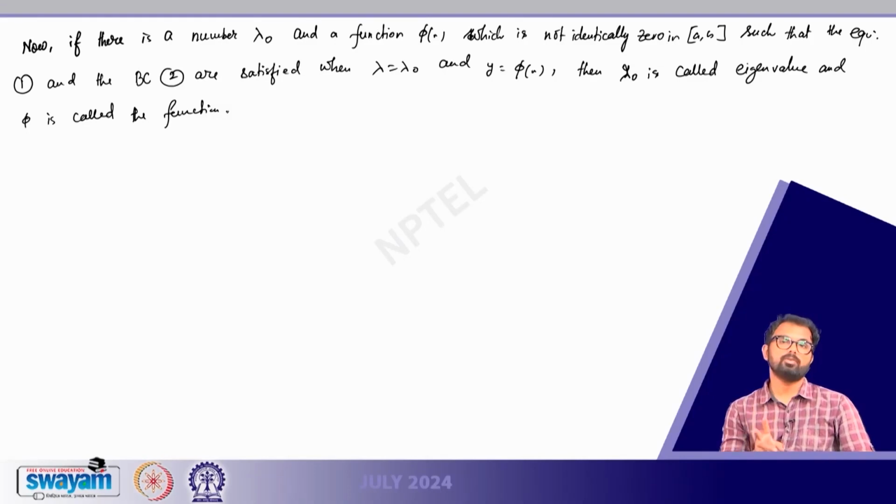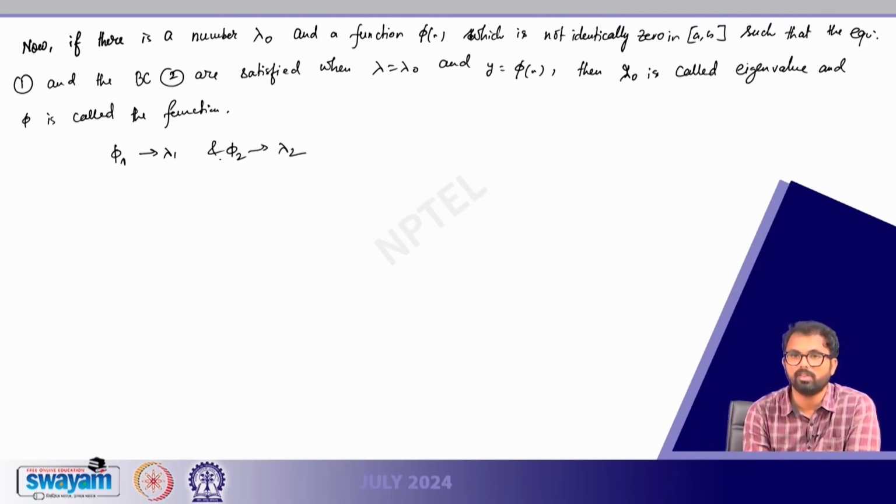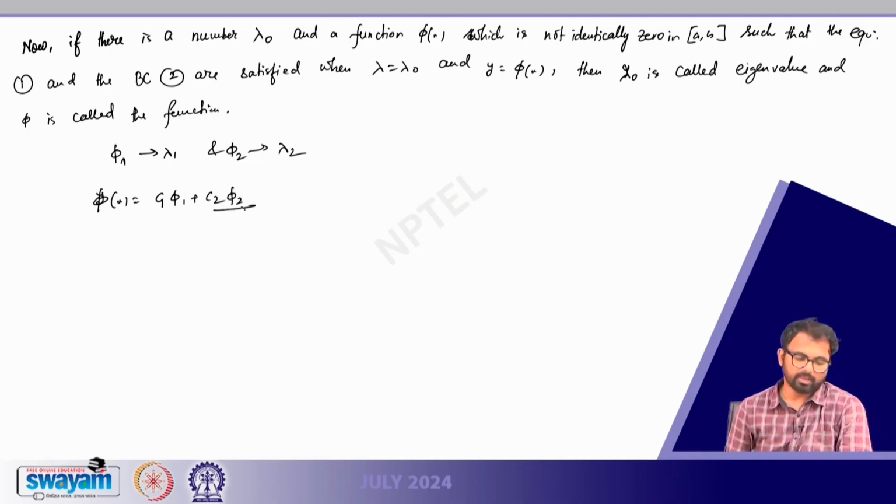And if phi 1 corresponds to lambda 1 and phi 2 corresponds to lambda 2, I mean phi 1 and phi 2 are the 2 eigenfunctions, then capital phi(x) equal to c1 into phi 1 plus c2 into phi 2 would also be an eigenfunction corresponding to the eigenvalue, let us say lambda 0.